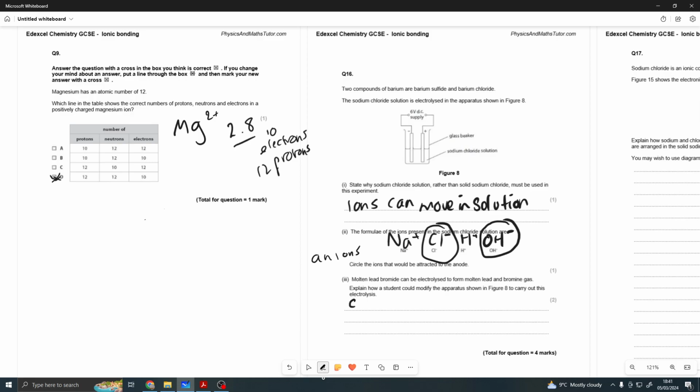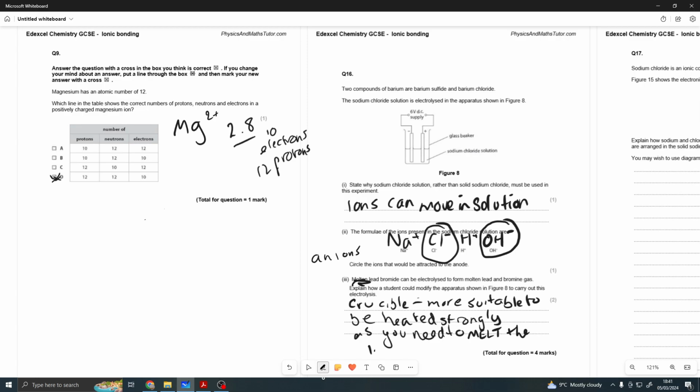You're going to need to use a crucible, which is more suitable to be heated strongly, as you need to melt the lead bromide. It's molten. Melt, not dissolve in water, the lead bromide.